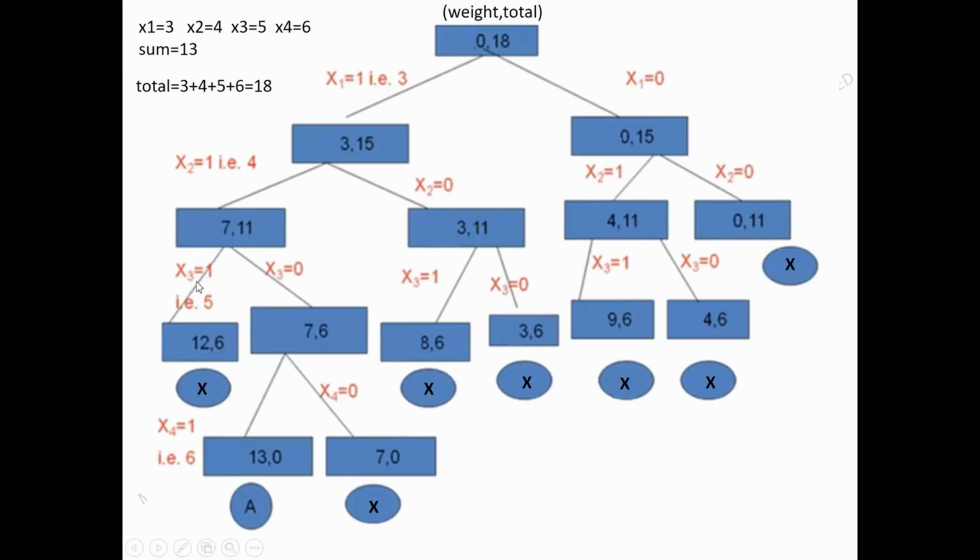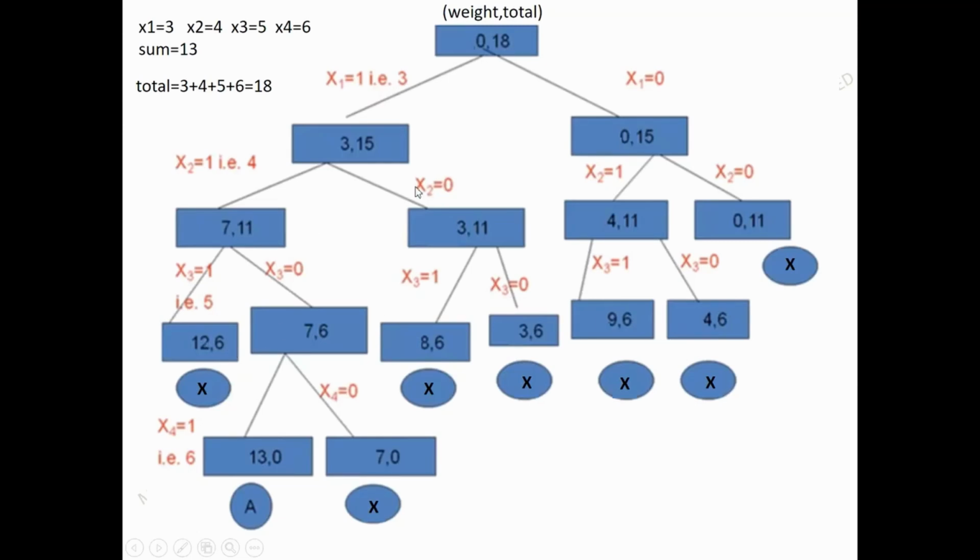Similarly, going to the next level, for x3 the left branch says you will be choosing that value, the right branch says you won't be choosing that value. If you choose this value whose element value is 5, the weight will become equal to 12 and there will be a decrease in the total by the same factor, that is 5, 6.